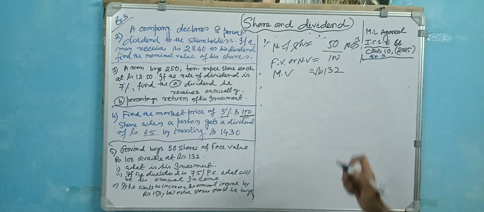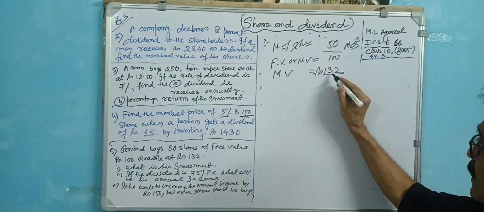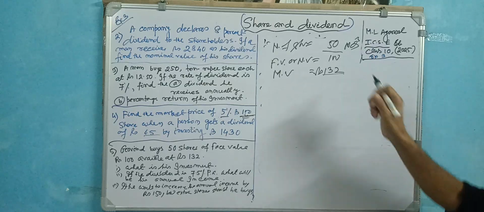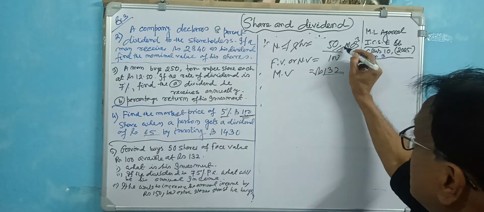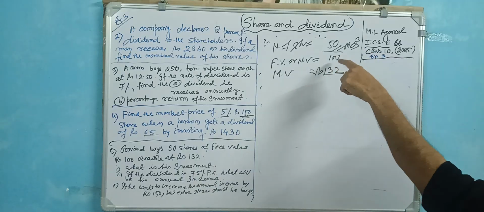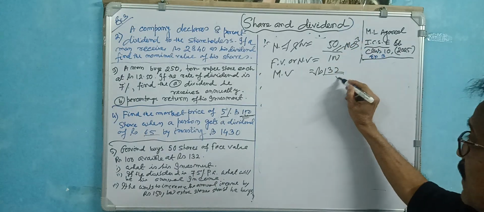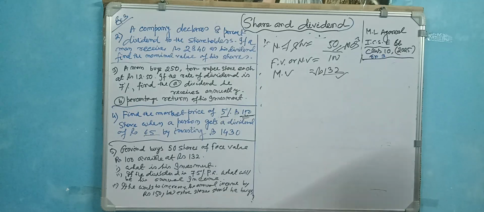What is the total investment? Total investment is 132 into 100, but the nominal value, now number of shares is 50, so total nominal value 100 into 50, but investment is 132 into 50, okay.